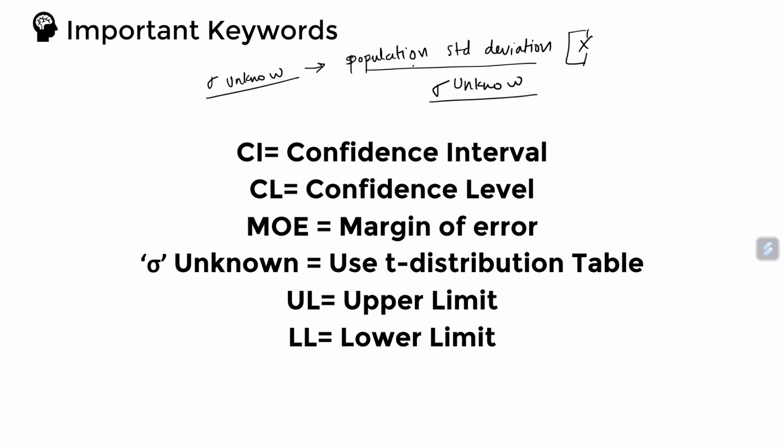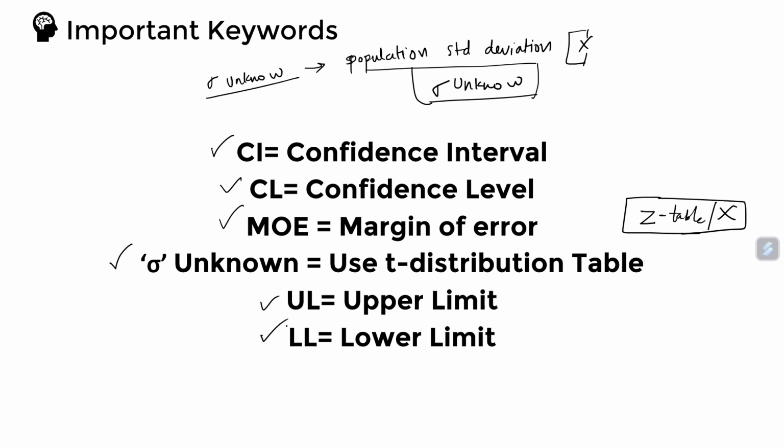We have gone through some terminologies: confidence interval, confidence level, margin of error, and in the case of sigma unknown, we use the t distribution table. We did not use the Z table. This is something you always have to remember. We also understood the upper limit and lower limit, which are the same for everything.